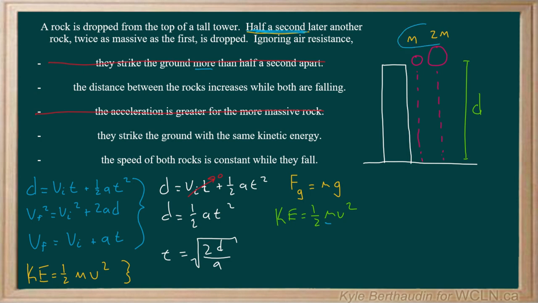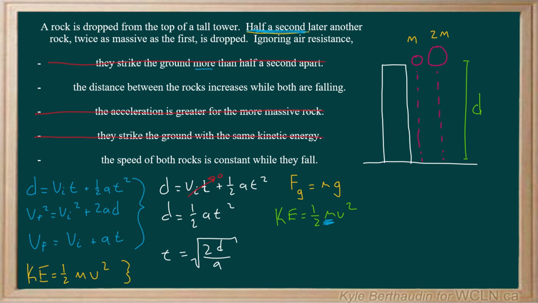One has mass m, one has mass 2m. And to say that they strike the ground with the same kinetic energy isn't true, because one of the masses is doubled, which will in turn double the kinetic energy. So that one is not true.